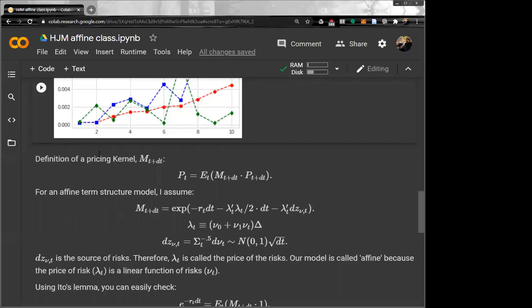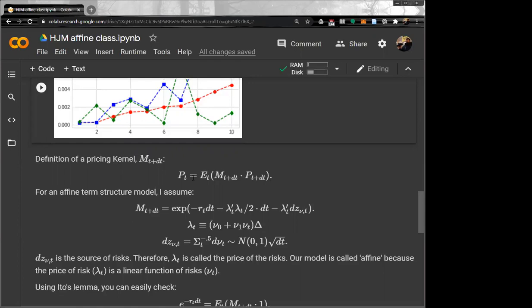And some people say the whole point of learning asset pricing is about the pricing kernel, because the pricing kernel determines asset price. So the pricing kernel is basically a random variable. Here I denoted the pricing kernel as M at T plus DT. As the name indicates, the pricing kernel gives you price, like NPV gives you price, right?